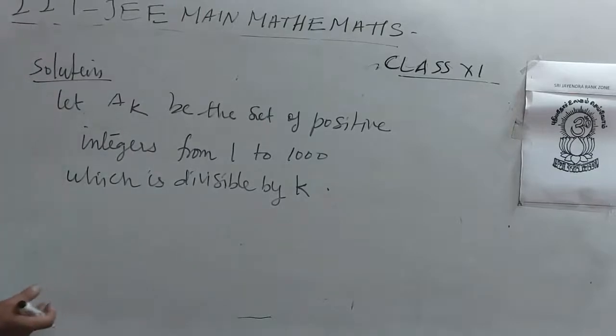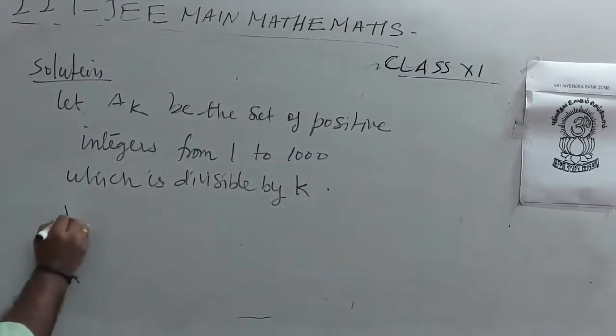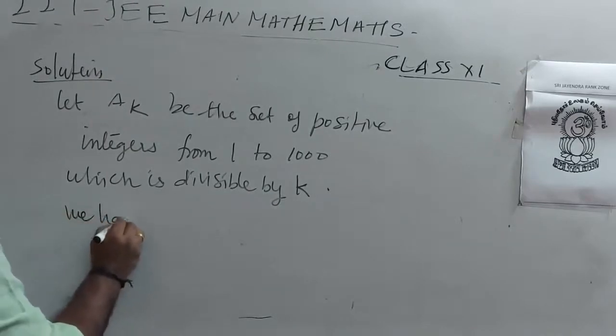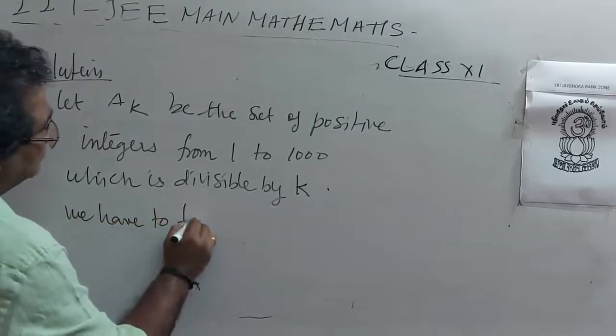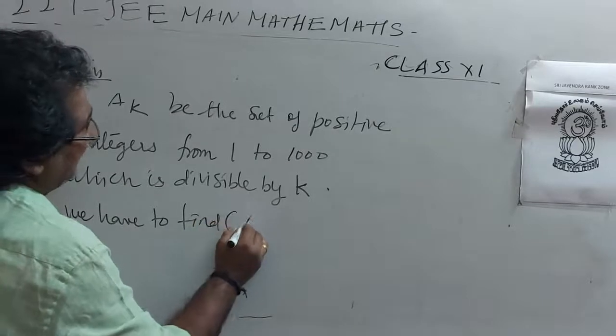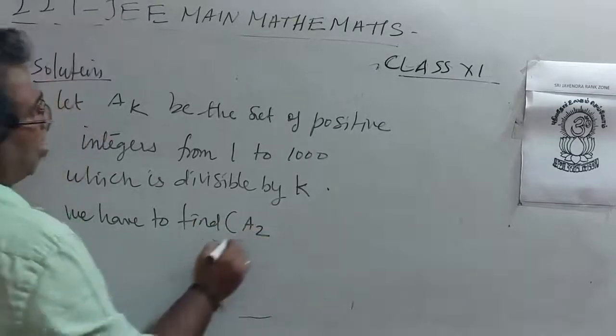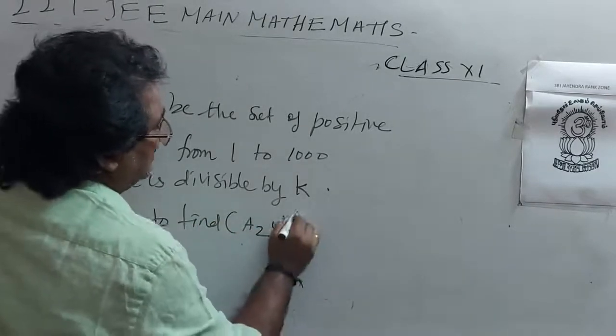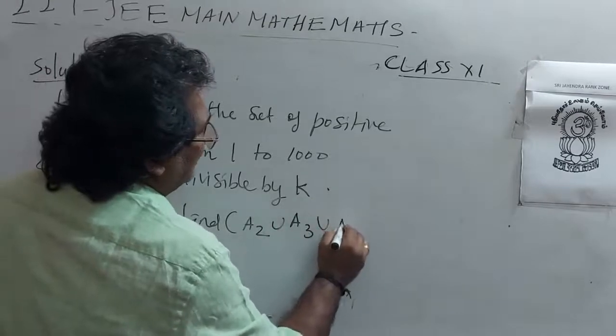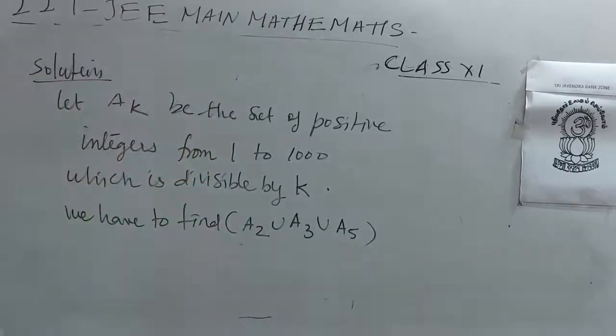So we have to find those divisible by 2, that is A2, divisible by 3, that is A3, and divisible by 5, that is A5. We have to find A2 union A3 union A5.